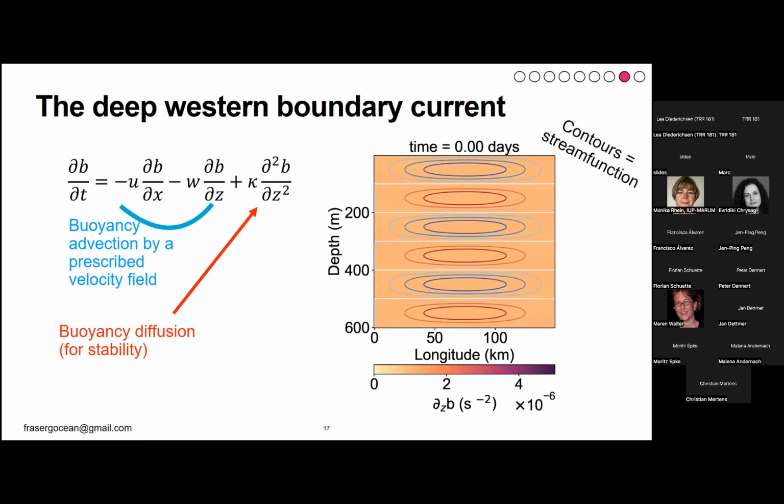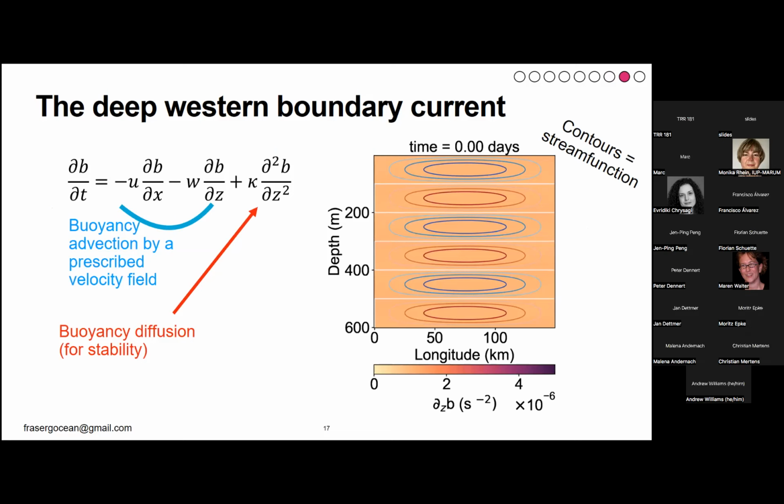So this slide, I hope, will convince you that to generate these mixing barriers, all you need is overturning cells. We can think about a really simple model of the evolution of buoyancy over time. We have this equation: the rate of change of buoyancy over time is given by the advection of buoyancy in the zonal and vertical directions.